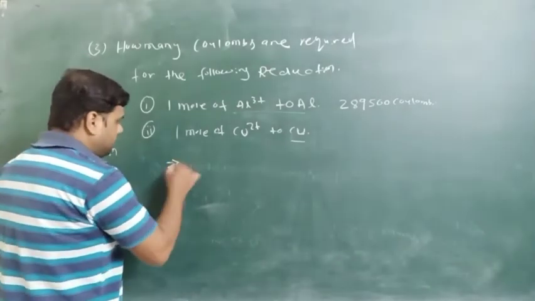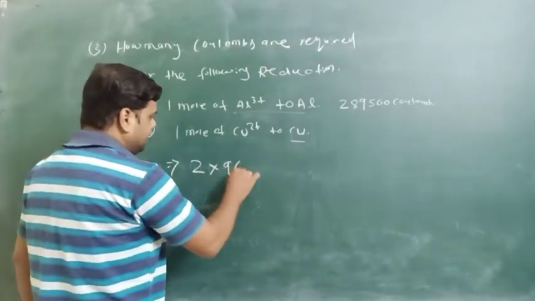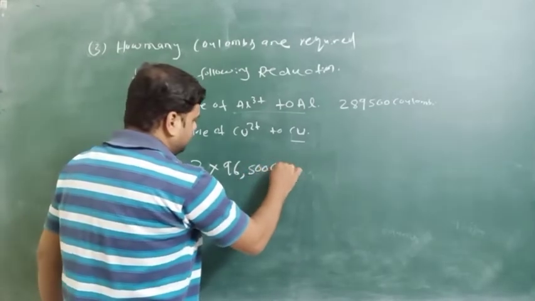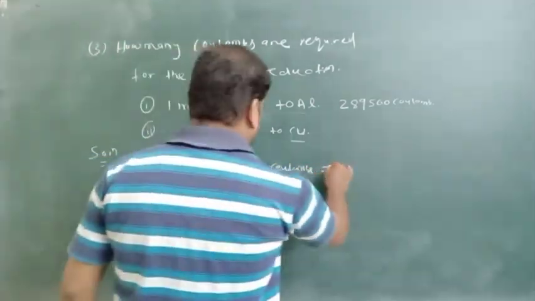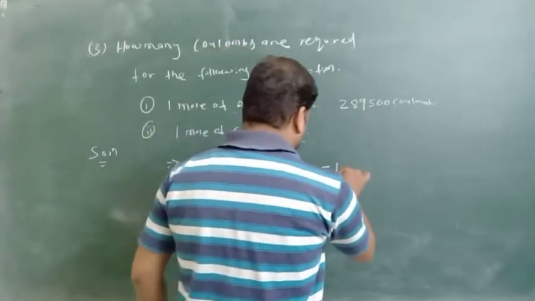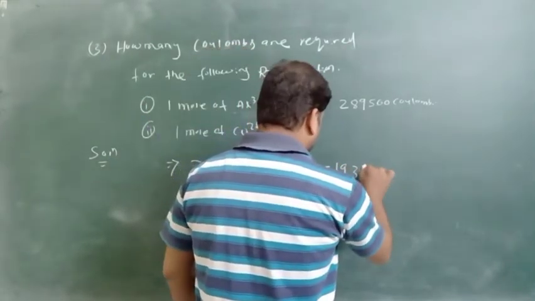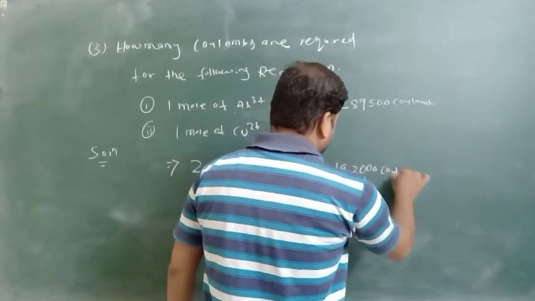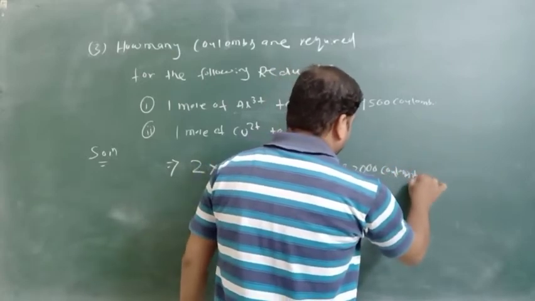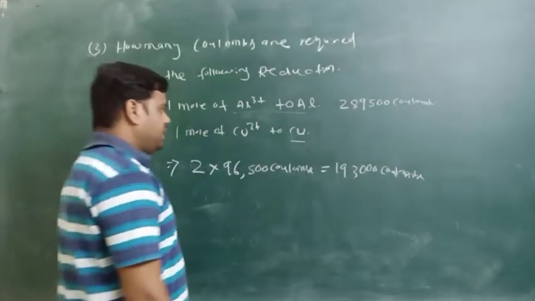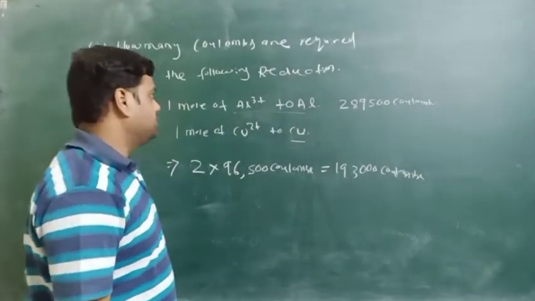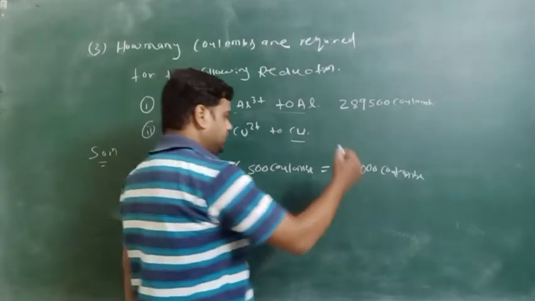So 2 into 96,500 coulombs gives 193,000 coulombs. We will supply 193,000 coulombs of electricity to the electrolytic solution so that we get the copper.